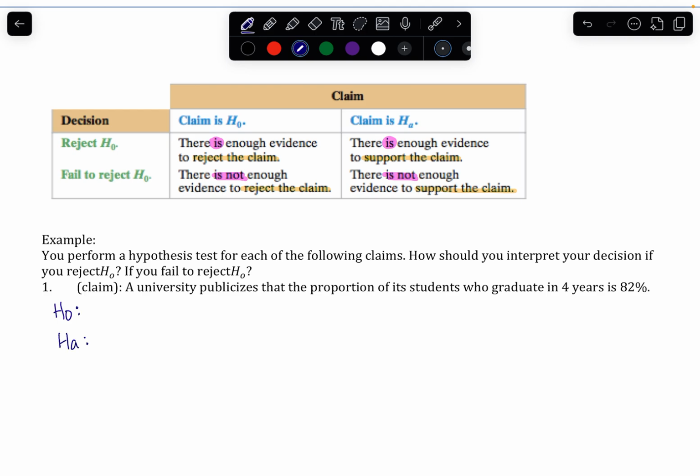Since we have "is," we know that means equals, which is going to be in your null hypothesis. So our p equals 0.82 is our claim. And then our alternative hypothesis is going to be the complement, so p is not equal to 0.82.